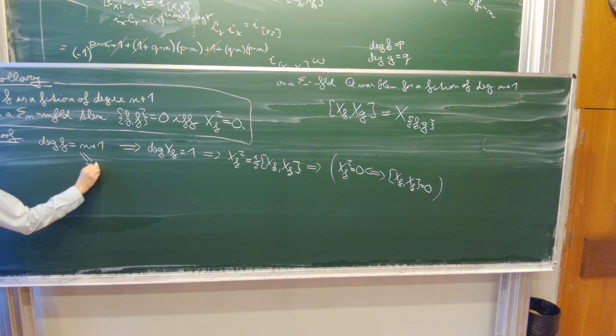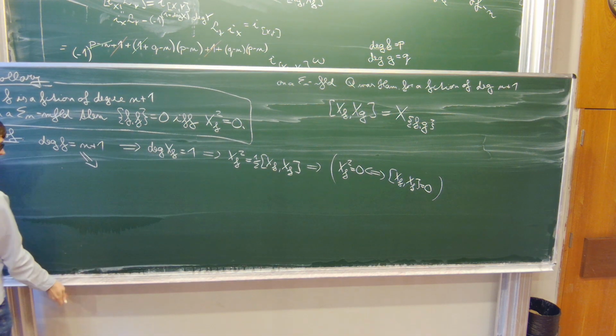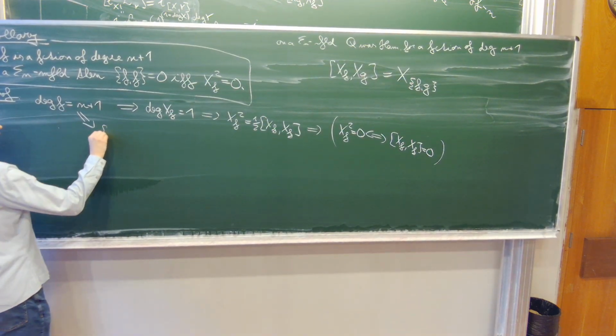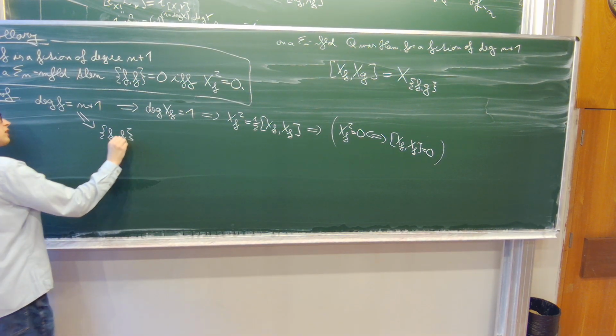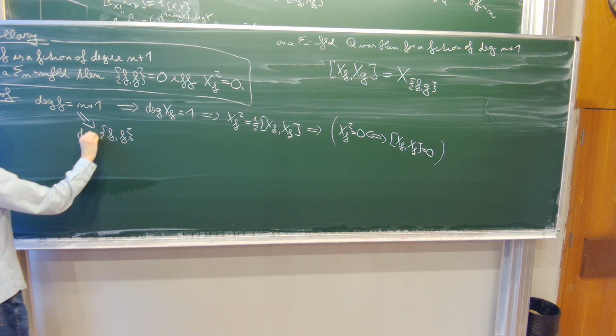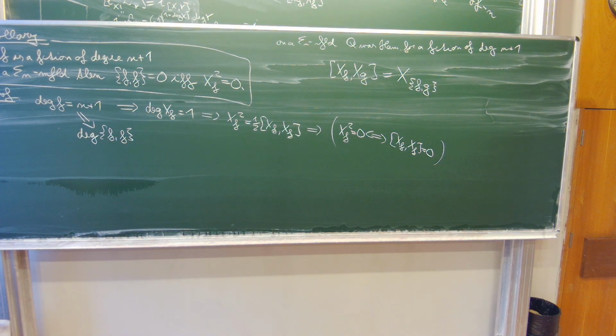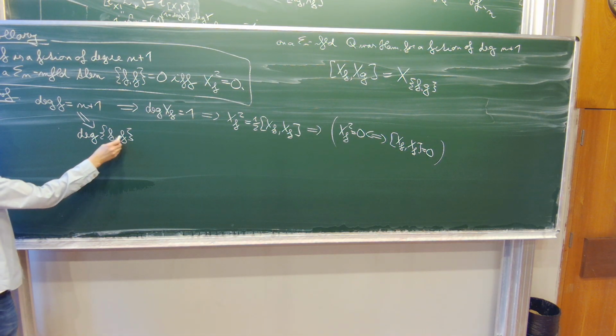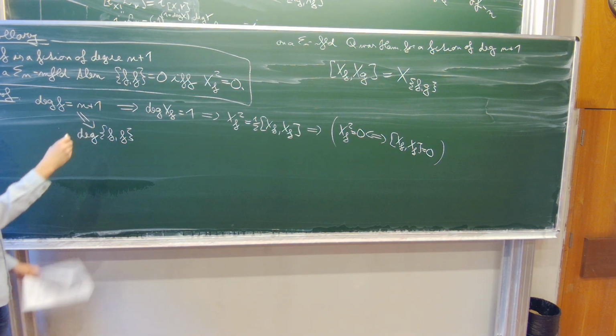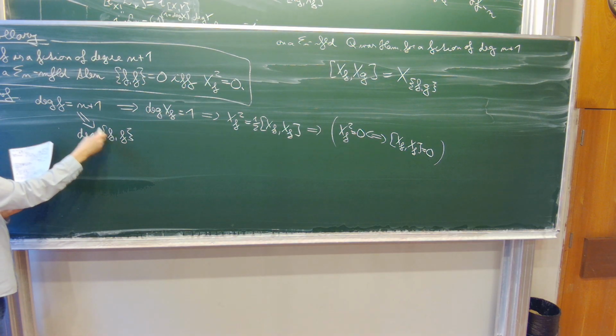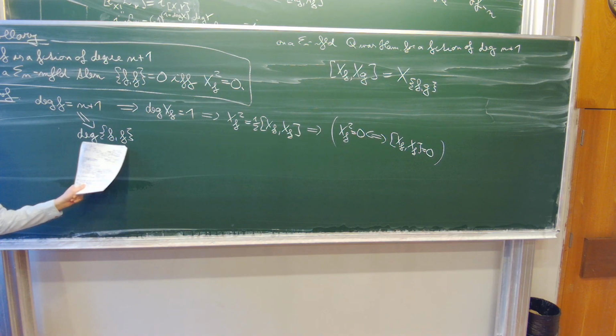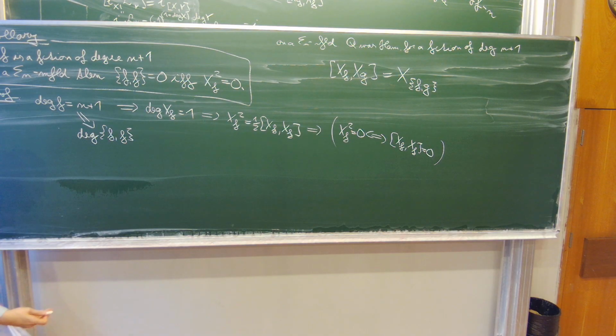Now, the second conclusion that we can draw from this is, what is the degree of this guy? If you do the calculation, for each of the f's, they have degree n plus 1. So if I only count the f's, then I have twice n plus 1. But applying a Poisson bracket lowers the degree by n because the symplectic form was of degree n.